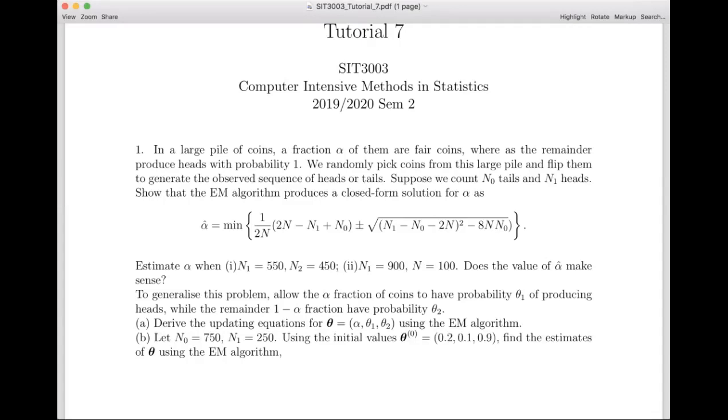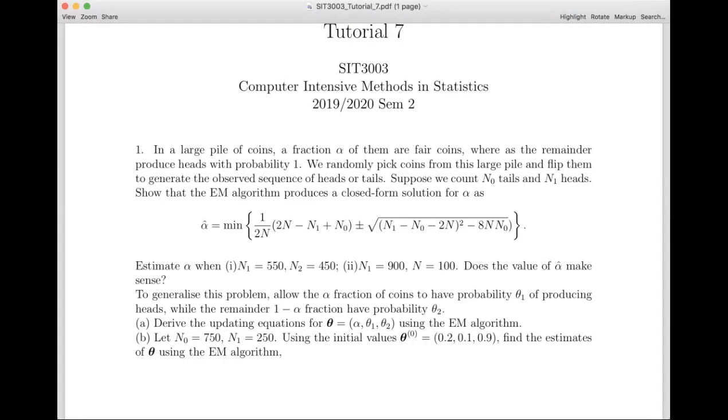Okay, so let's look at the process. After that, of course, you can only count how many tails and heads there are. You are not able to know which coin is which, whether it's a fair coin or a biased coin, because the label is hidden from you. You can only see the outcome.